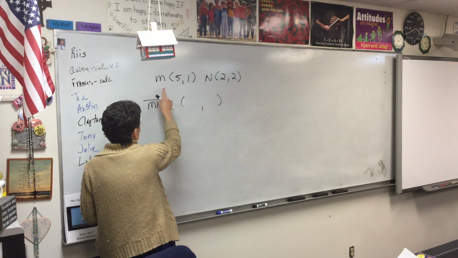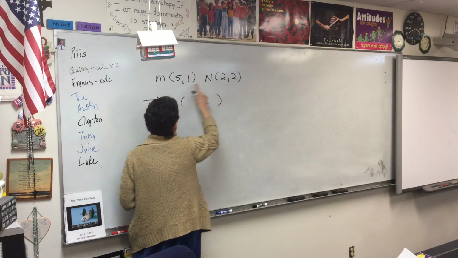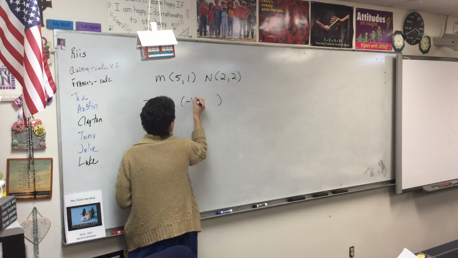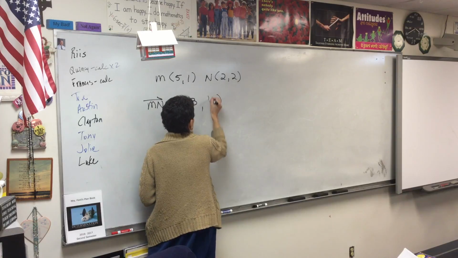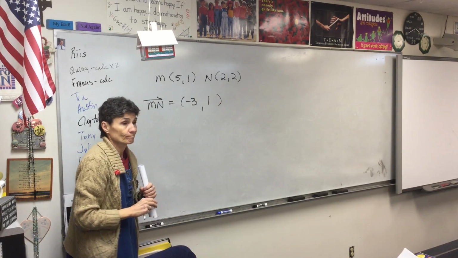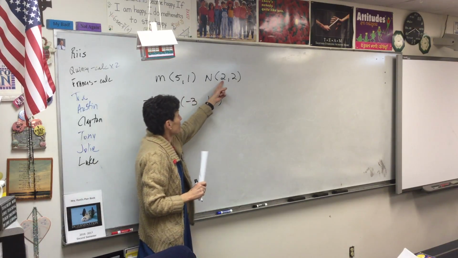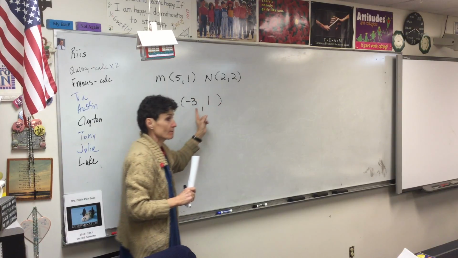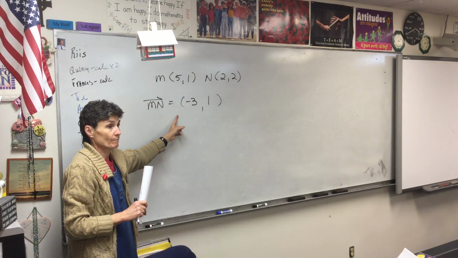Describe that motion. How do we get from M to N? What's going on there? -3, 1. Everybody okay with that? Getting from M to N? These are the coordinates of the vector.